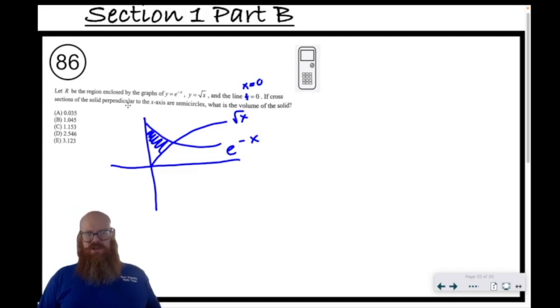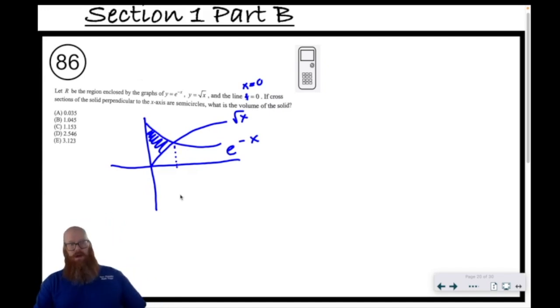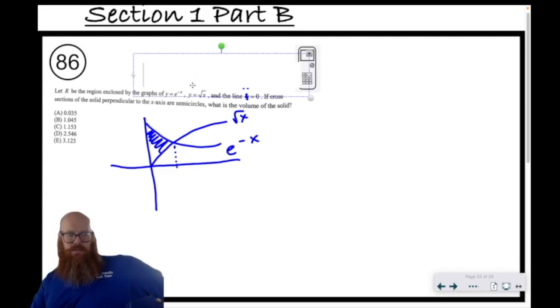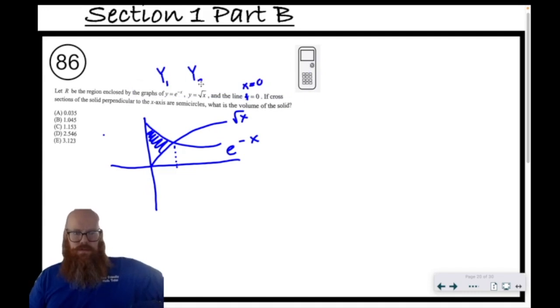So the cross-sections are semicircles. What's the volume of the solid? So what I need to do is find this intersection point. Again, just put it in the calculator. I'll show you a nice, easy way to do this. Put this as your y1 and make this one your y2.